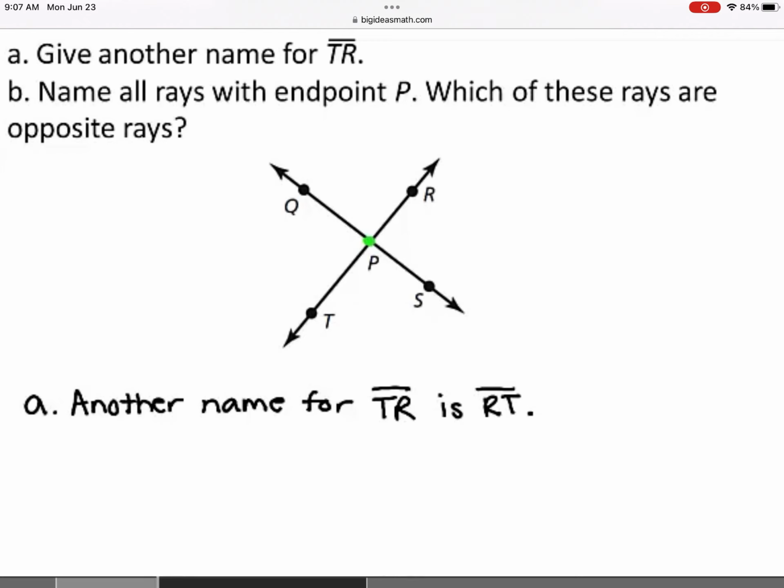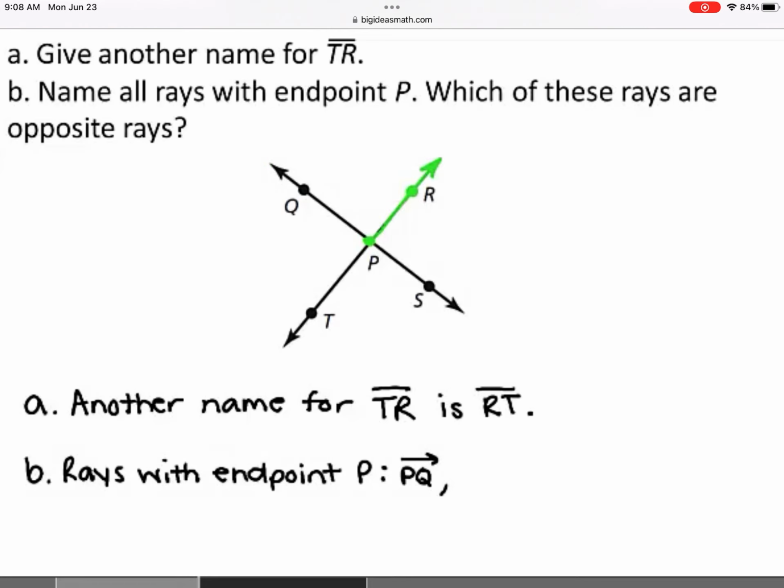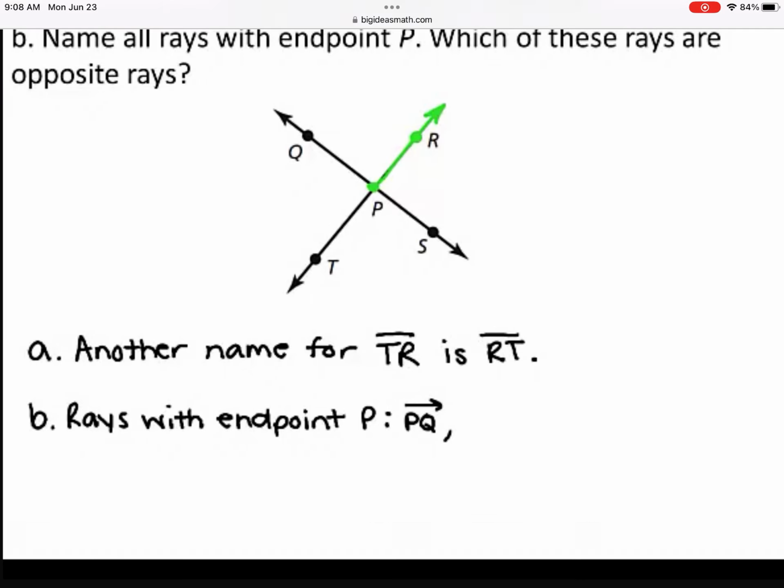Now, one ray on this diagram consists of endpoint P and all points on line PQ that lie on the same side of P as Q. So, you can name this ray Ray PQ. Next, a second ray consists of endpoint P and all the points on line PR that lie on the same side of P as R. So, you can name this ray Ray PR.